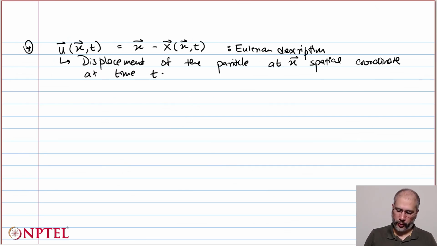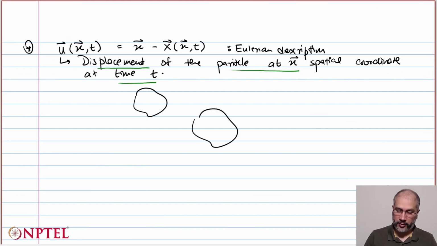So this is required when we want to find out the displacement of the particle which is at x, that is small x spatial coordinate, at a time t. So if this is the reference and this is the deformed configuration, then if a point goes to another point small a, then we have information about this small point a, and we want to find out where this particle is coming from.